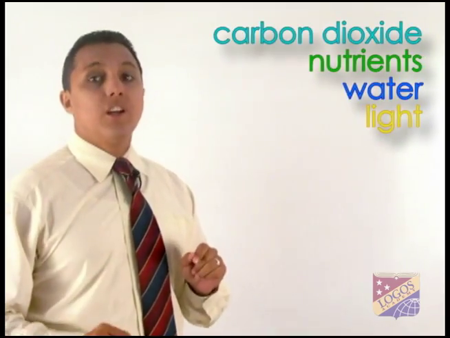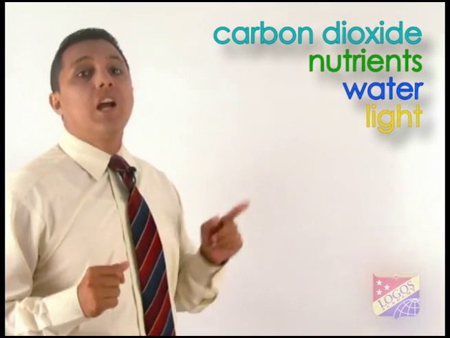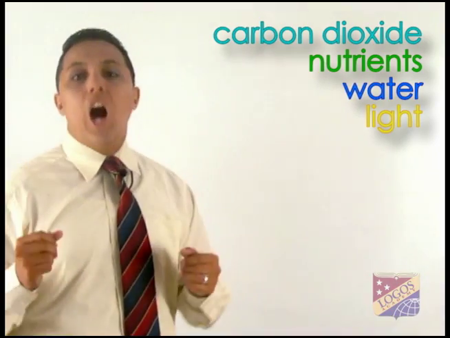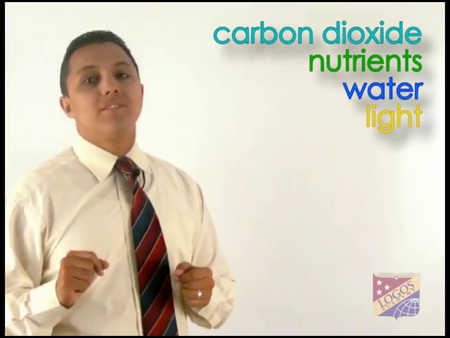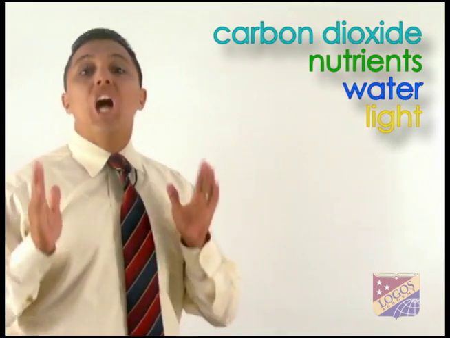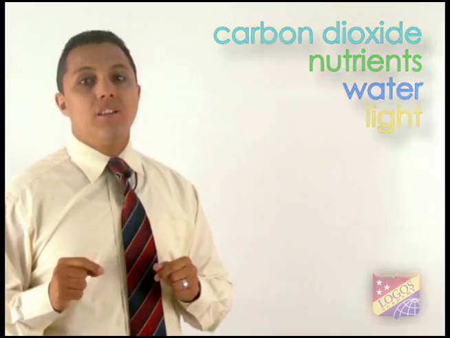For photosynthesis, plants need light, water, and nutrients, and of course, carbon dioxide, and they release oxygen into the air. Remember, people and animals need oxygen to breathe. So you can imagine now how important are plants for life. There's no doubt that the world of plants is amazing.